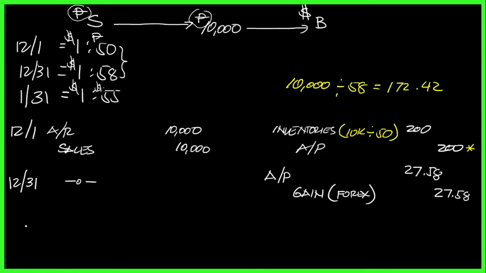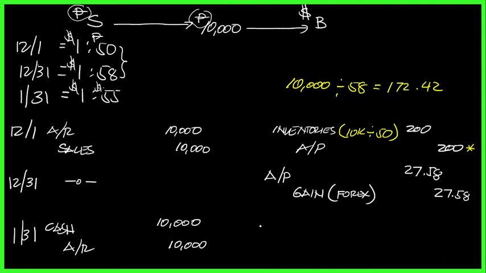Now, let's continue. What if this is paid or collected in the books of the seller? This will be collected on January 31. What is now our journal entry? This will be a debit to cash and credit to accounts receivable amounting to 10,000 pesos.